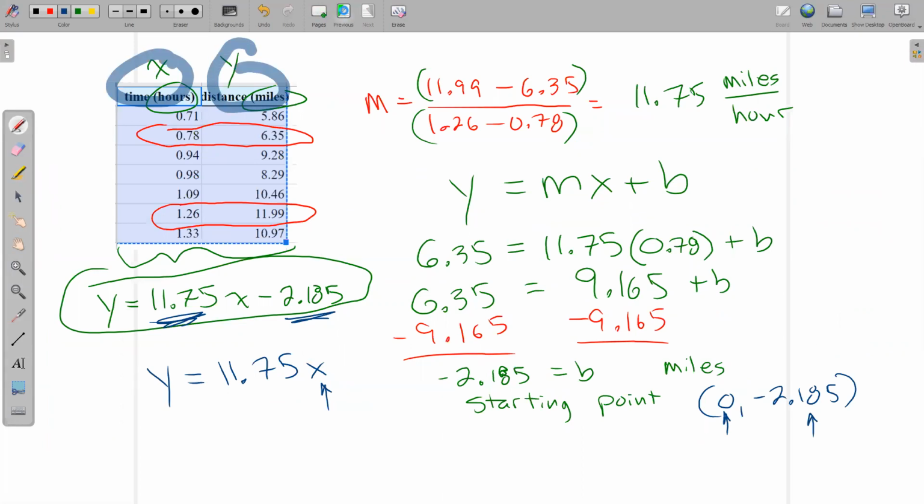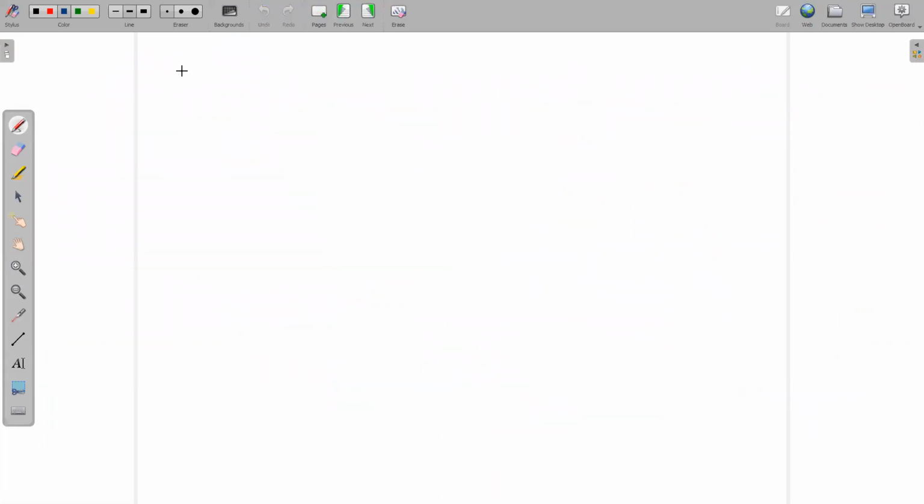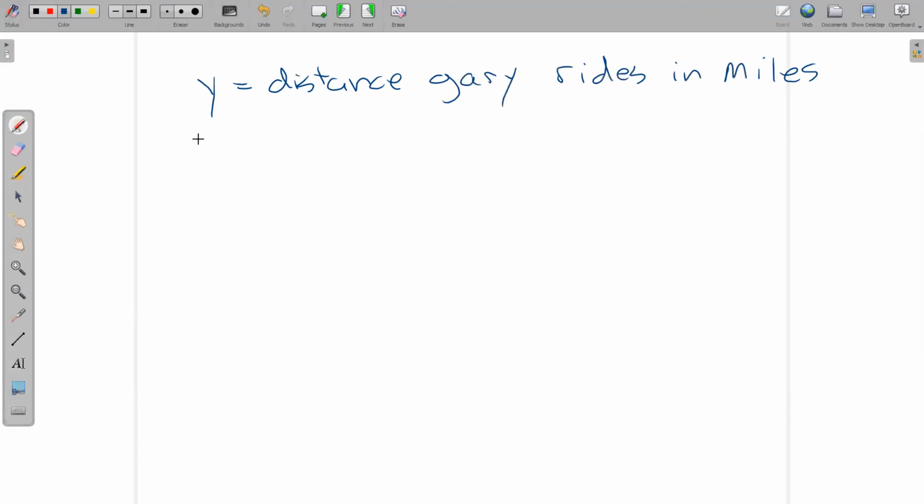So maybe I have a page before this one, and I would write, let y be the distance Gary rides, in miles. For yours, you're going to talk about Shane instead of Gary. X would be the time of the ride, in hours. Tell me what your variables mean, and you can use any letters you want. You don't have to use x and y, it's up to you.